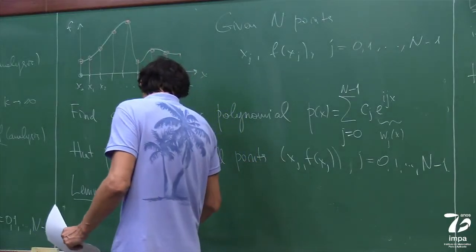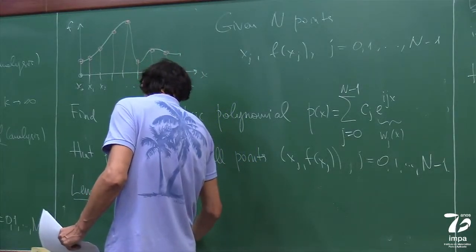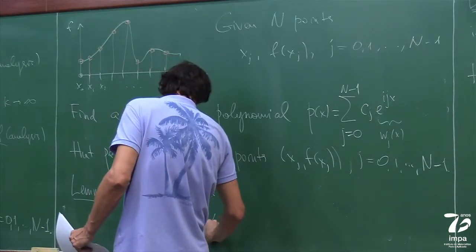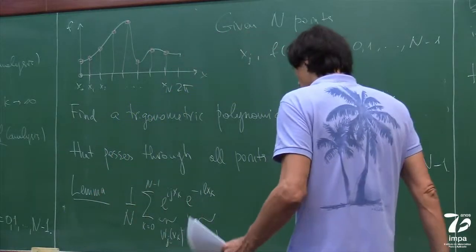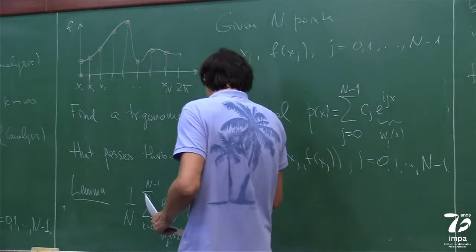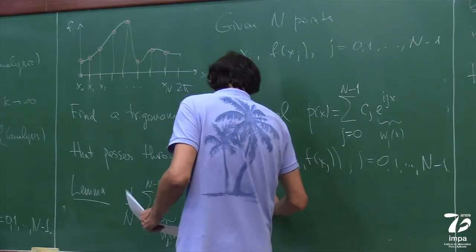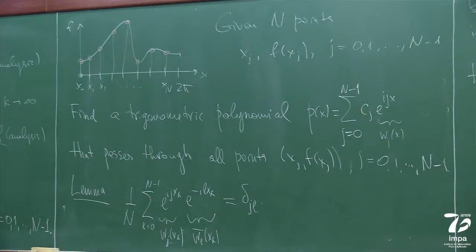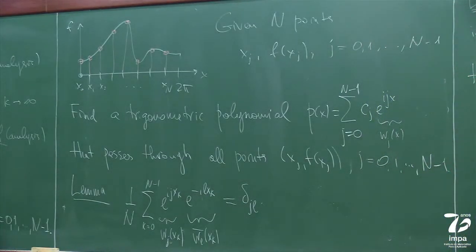So this is w_j(x_k), and this is w_l(x_k) complex conjugated, and just summing up. So this will be the Kronecker delta, delta_jl. So in this sense, these exponents form an orthonormal basis.